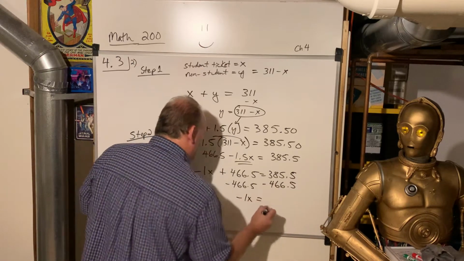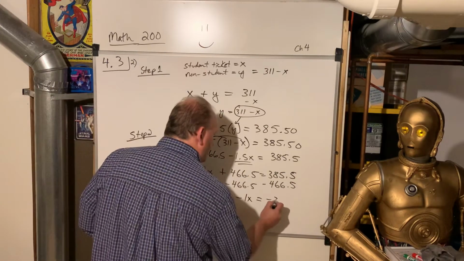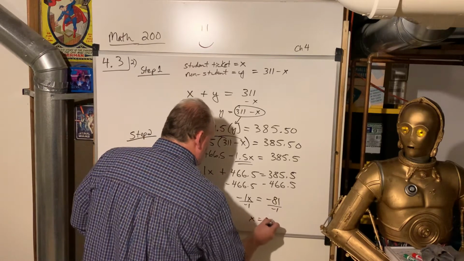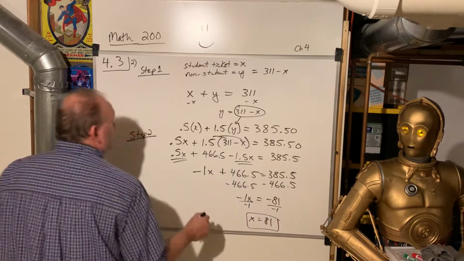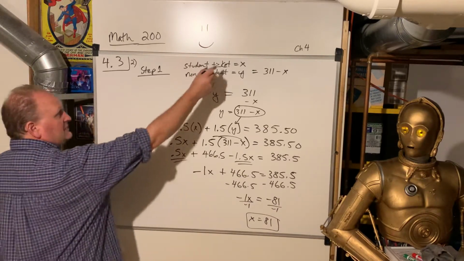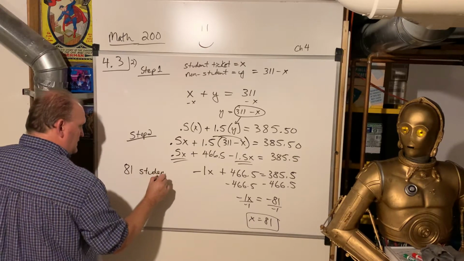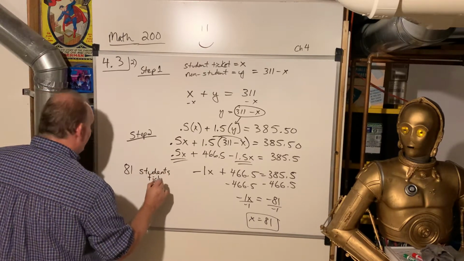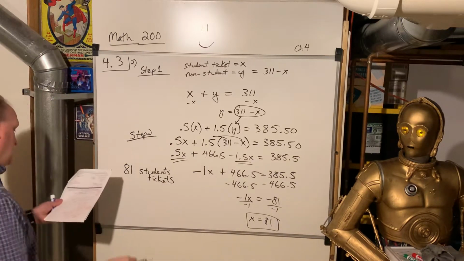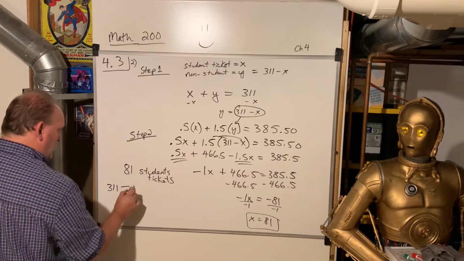Negative 1x is equal to negative 81. And then divide by negative 1. So X is equal to 81. Now what does that mean? Well, that means there were 81 student tickets sold, because X was student tickets, which means that the majority of the 311 came from non-students. 311 minus the 81, right?